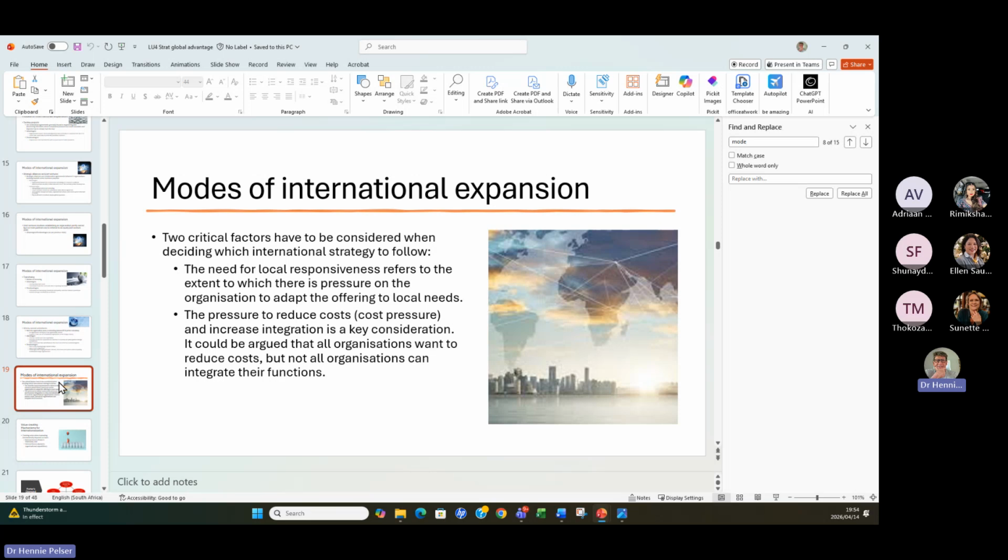The first one, the need to customize our products to meet specifically local demands. So the idea of being locally responsive and having to adapt and change your products, or the idea of also matching that with the need to be cost effective, so to reduce cost. So it is the balance between those two.